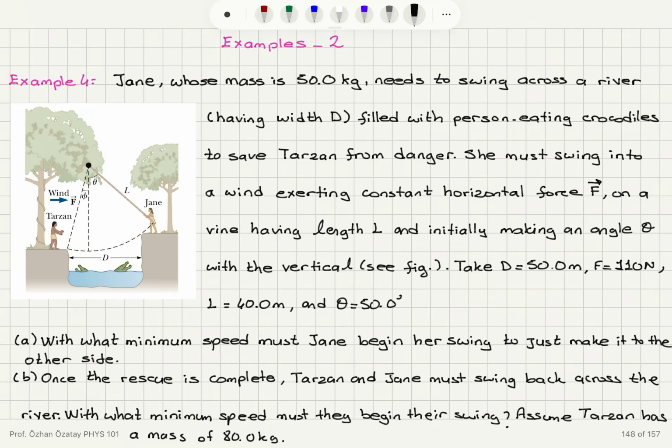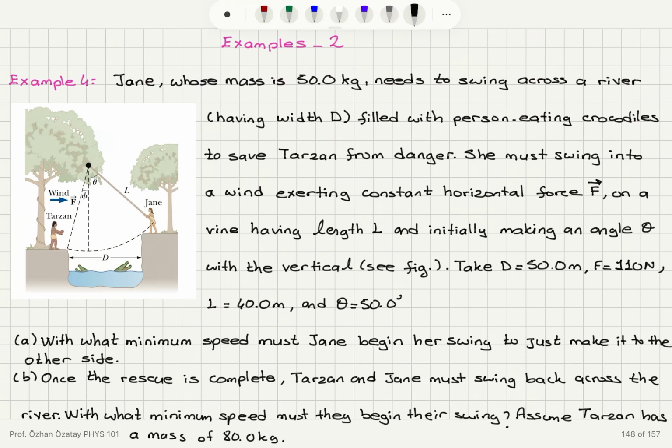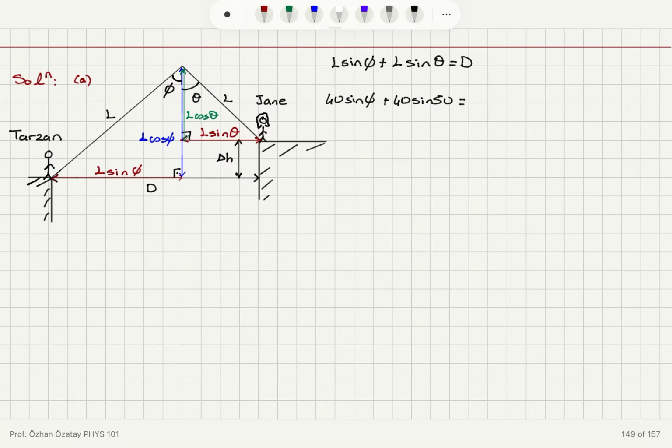So we're going to take L as 40 meters, theta as 50 degrees. So that means we have 40 sine 50 plus 40 sine phi, which we don't know. This must be equal to d, and d is 50 meters. So this is going to be equal to 50.